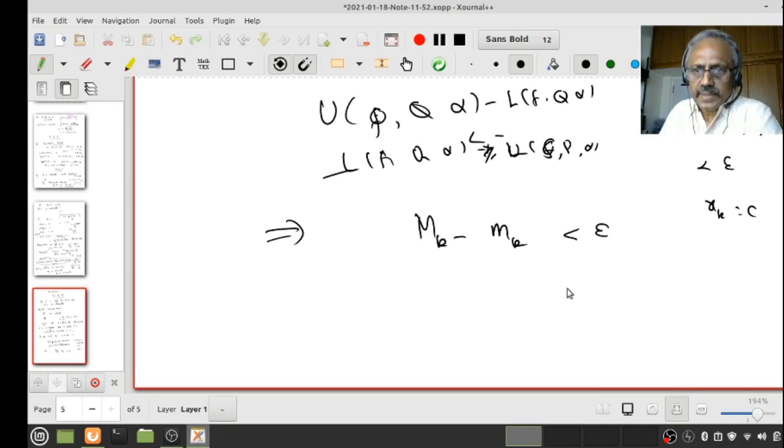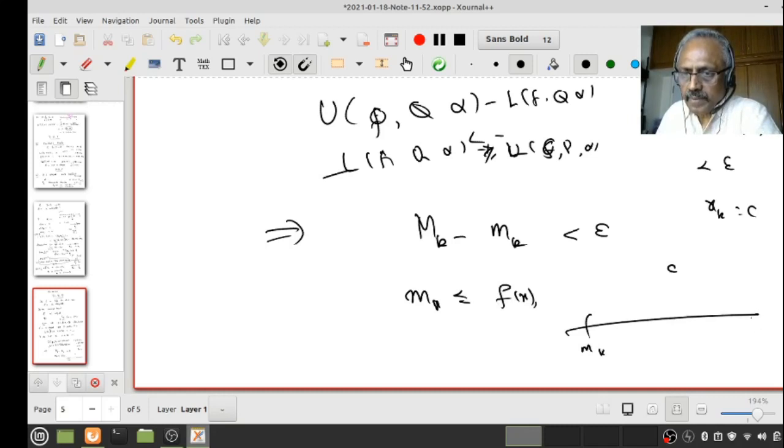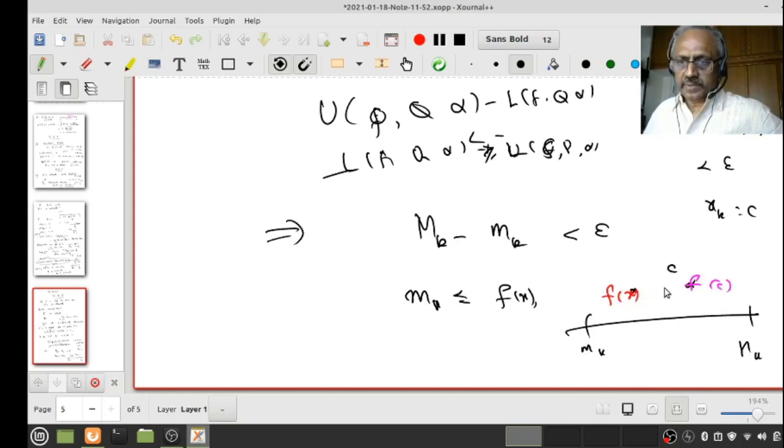You follow that? Okay, now what do you think I know? My C is lying there, therefore mk is less than or equal to f(x). So this is my small mk, this is my capital Mk, and I do not know where f(x) and f(c) are, but they may lie somewhere here.